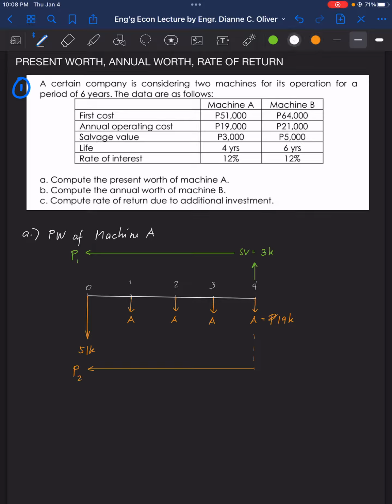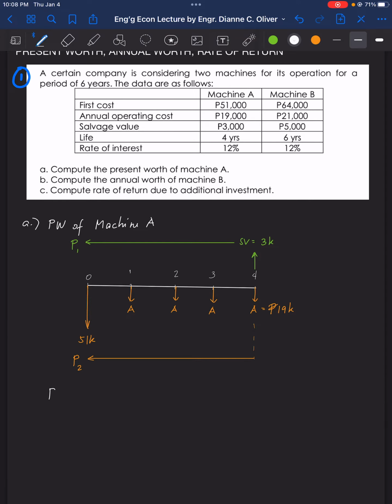So therefore, our present worth is now equal to, let's say positive for cost. So P2 positive plus the first cost, that is 51K, minus the P1. So what will be the present worth?